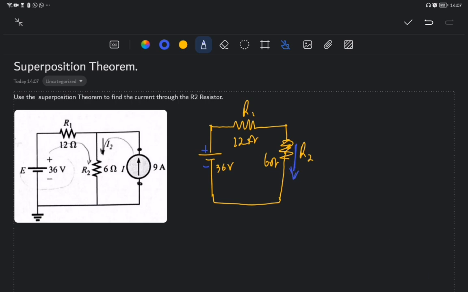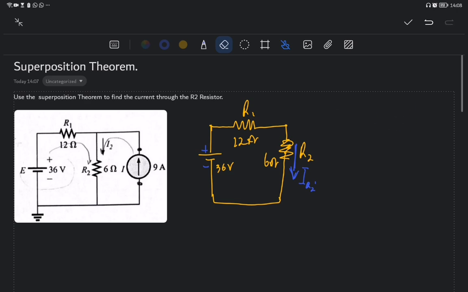So the current we find is going to be IR2 prime, and we must also have IR2 prime prime. We'll decide on how we add or subtract them based on the direction of current and the direction of conventional current flow. Very important. Now let's go about it. Let's find the current there.